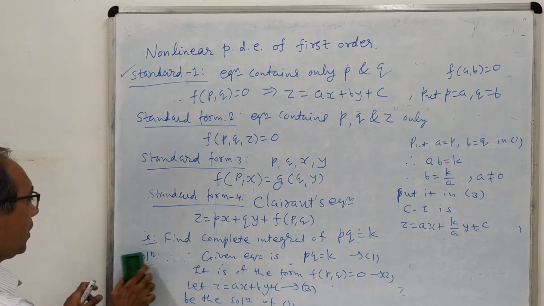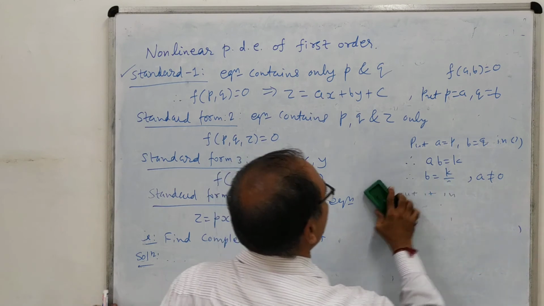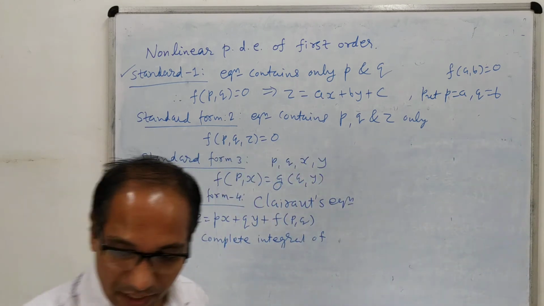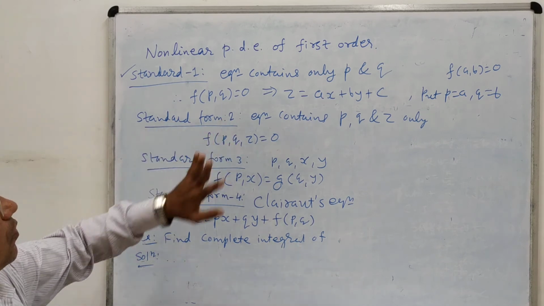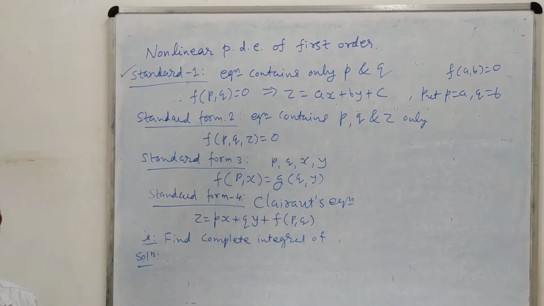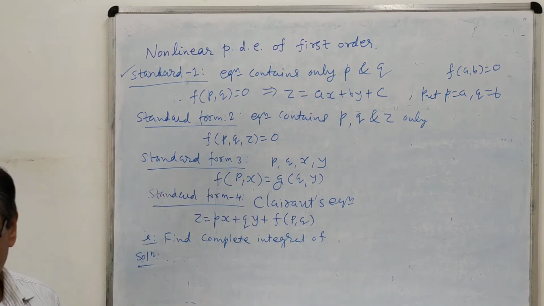Okay, now let us see the examples based on case 2, that means standard form 2. In standard form 2, we have observed that the equation contains only p, q and z, that means the equation is of the form f of p, q, z equal to 0.